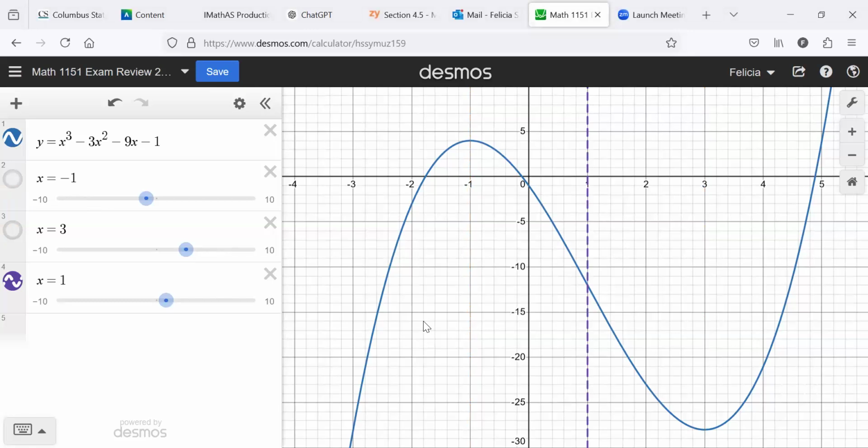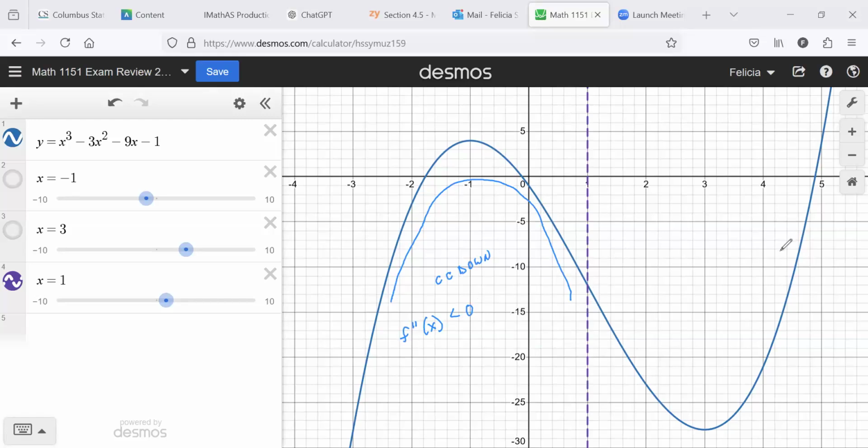Everything from -infinity to 1 should be concave down, and it is. If I come in here and annotate my graph, you'll see that this portion of the graph makes that frowny face. So this is where your second derivative is less than 0. That would be where it's going to be concave down.